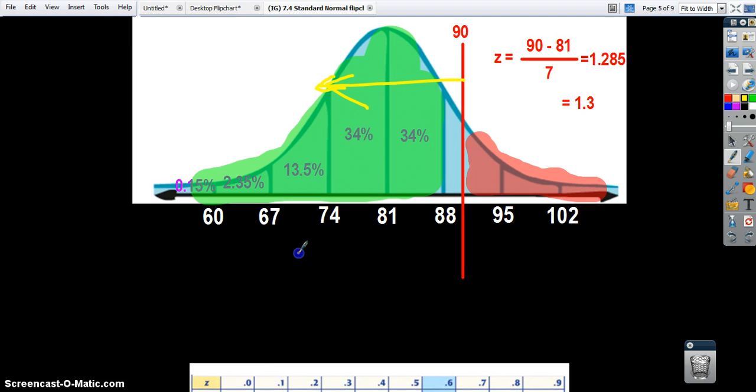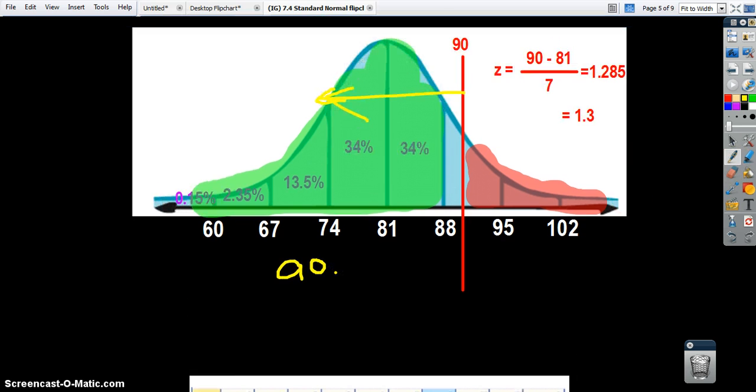So that's a 90.32% chance that if I randomly select a student, they made less than a 90. So if we're being asked about greater than, we have to subtract from 100%, or subtract from 1 if it's still in decimal form.